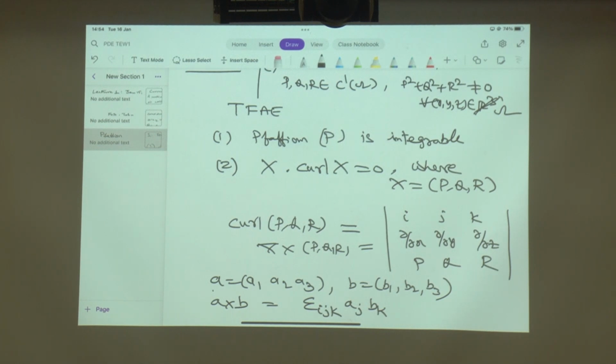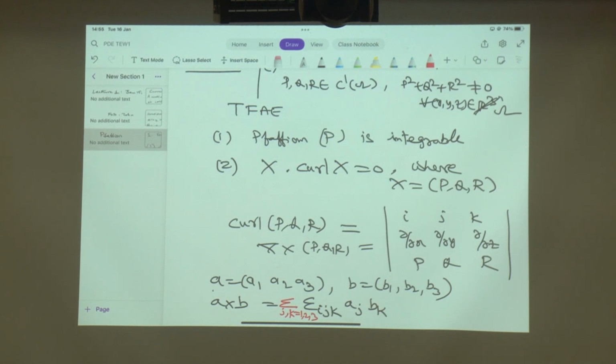So it's assumed that there is summation over repeated indices. So essentially there is a summation over j and k that I have not written, for variables whichever are relevant here, 1, 2, 3.